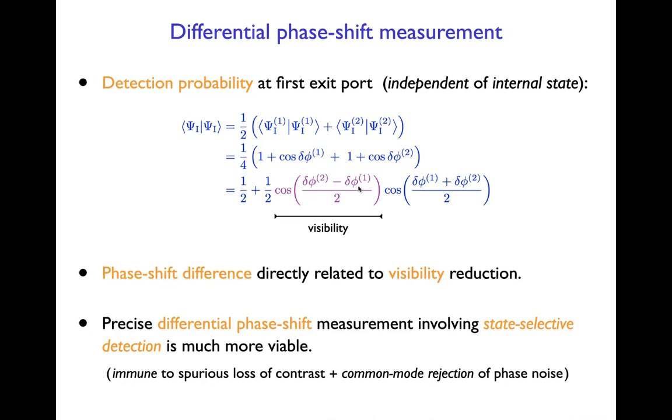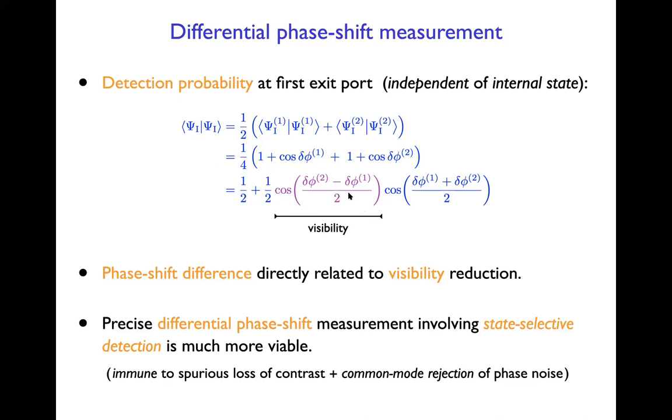So that's one of the main advantages. And the other is that the quantity that you try to measure is not as small as the change of visibility itself. That's because if you consider the cosine, when this quantity is small, you just have this expansion, and it would contribute to the cosine to lowest non-trivial order quadratically.